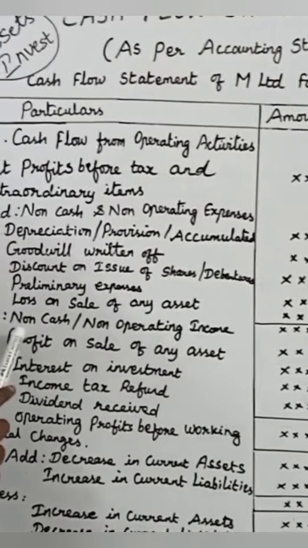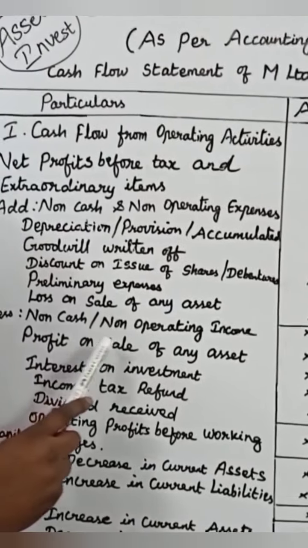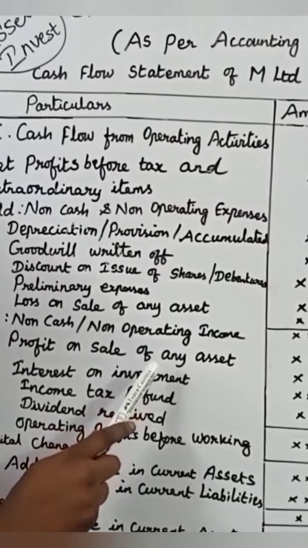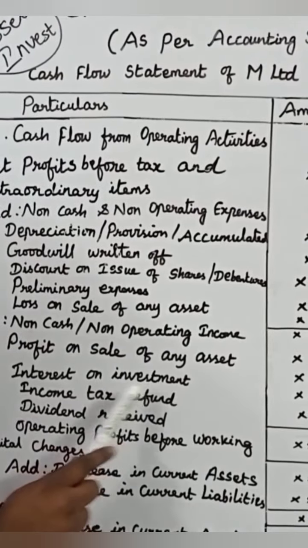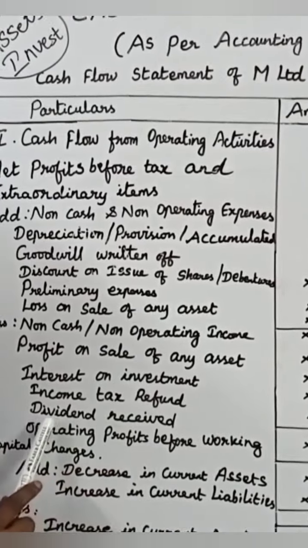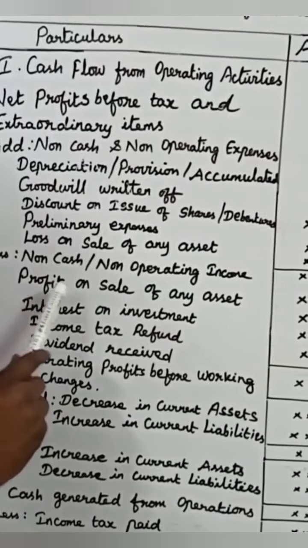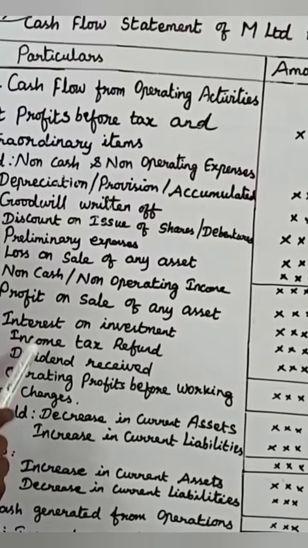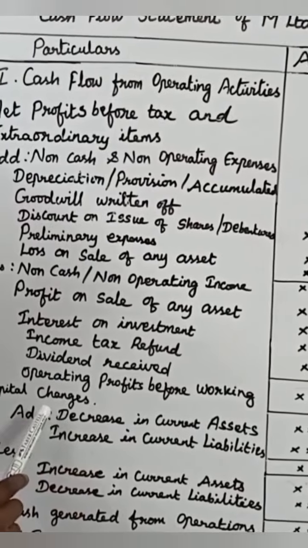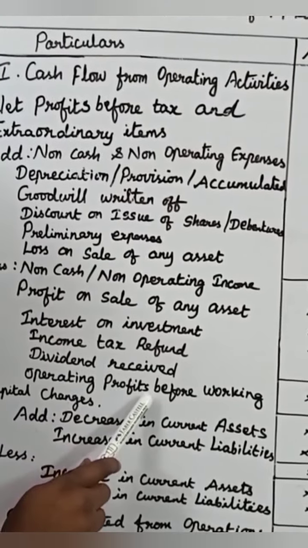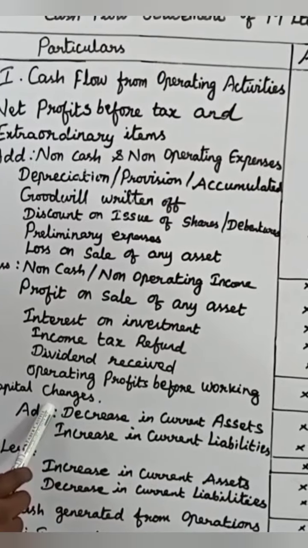After that, subtract any non-cash and non-operating incomes such as interest on investments, income tax refund and dividend received. After making adjustments for non-cash and non-operating items, we arrive at cash flow before changes in working capital.